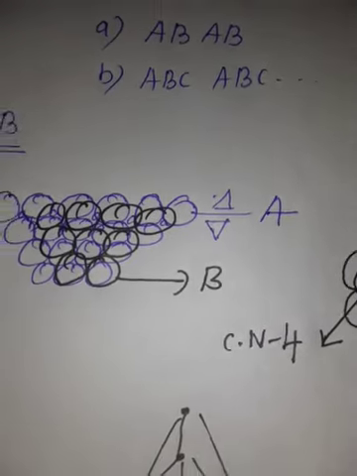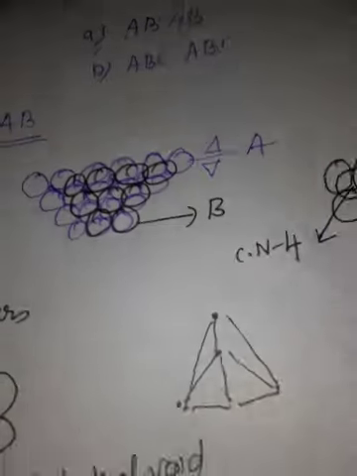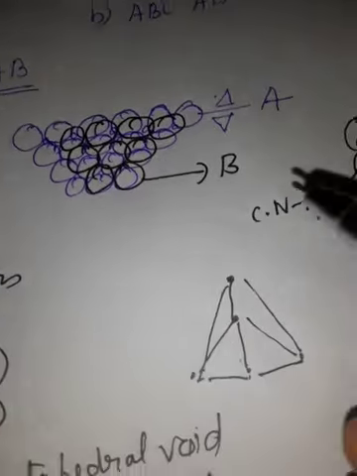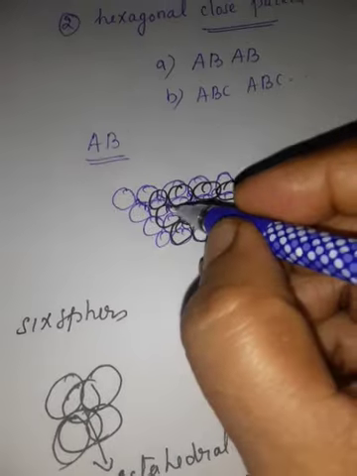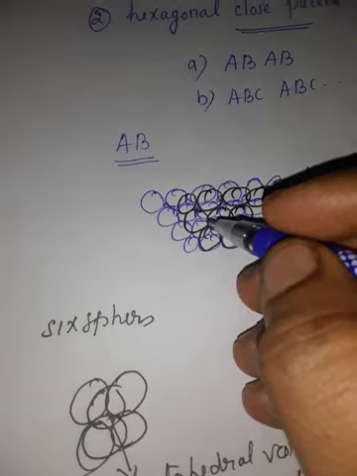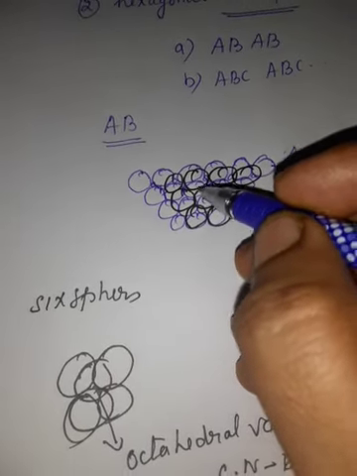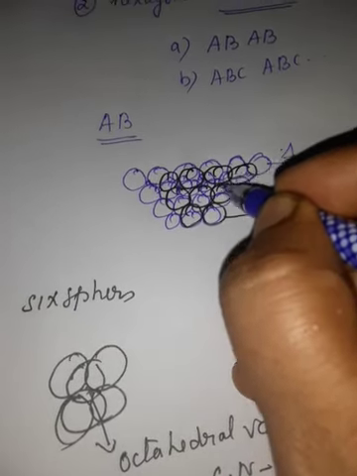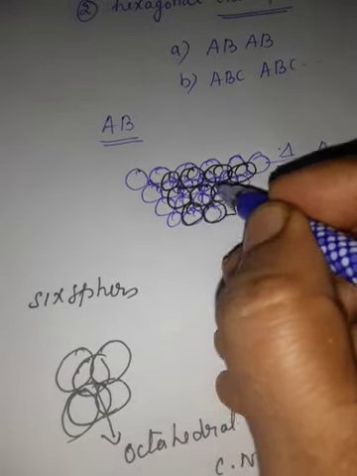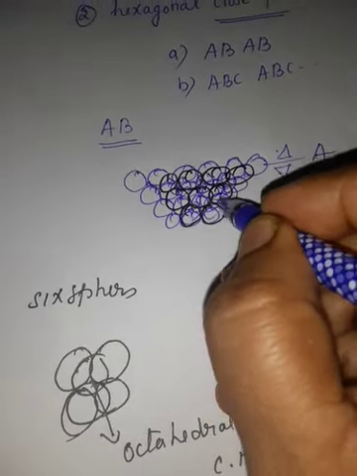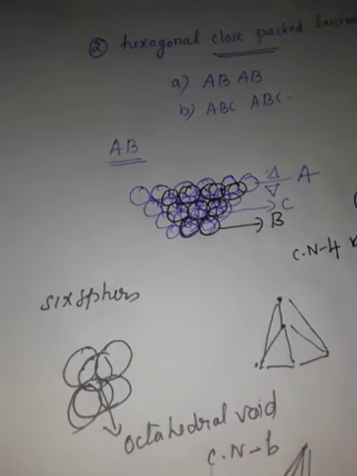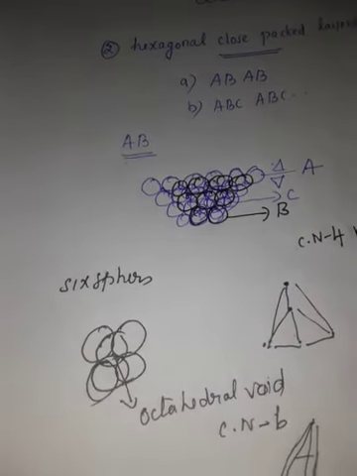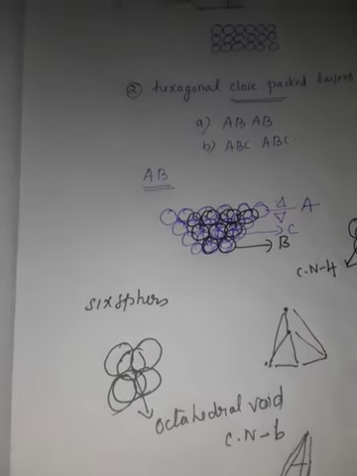So, placing the third layer on void B, this is layer C. Coordination number is 12.